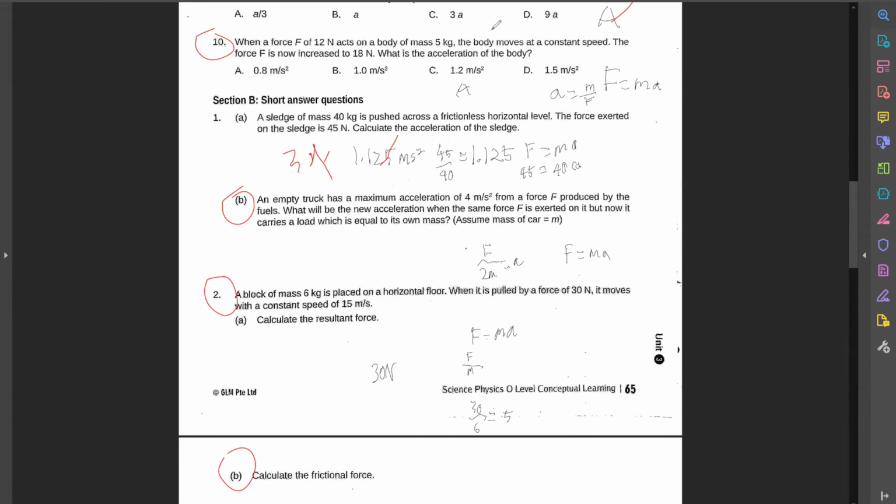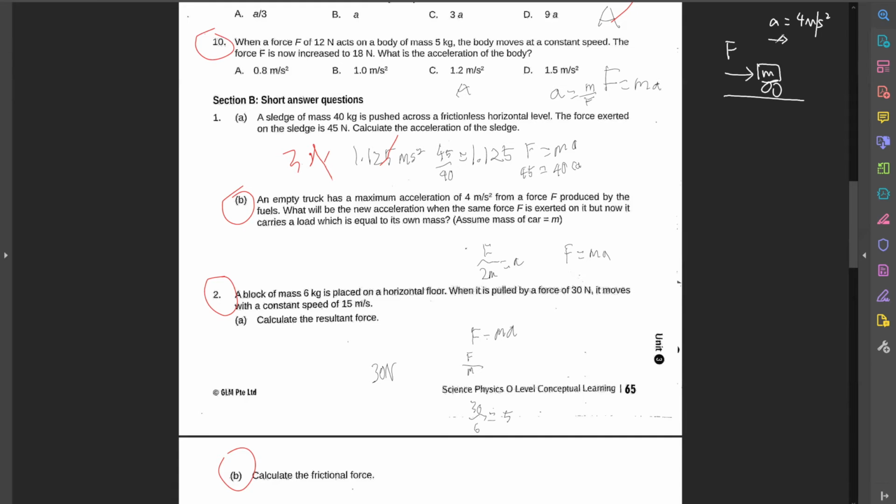So you have an empty truck, then it has a maximum acceleration of 4 meters per second squared from force F produced by the fuel. Acceleration is like that. So assume mass is m.